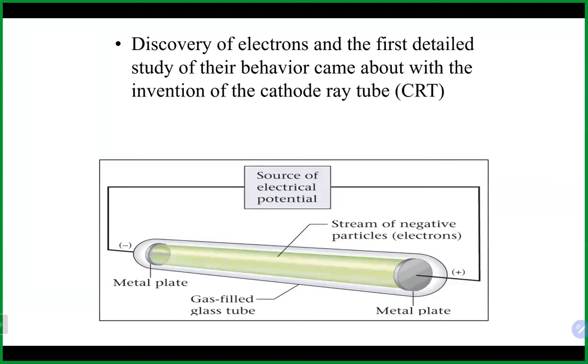Cathode ray tube, a picture of it is here, and a lot of the experiments that were done to understand the nature of the atom took advantage of the idea that these internal subatomic particles have charge. So in chemistry, there is this idea of basically opposites attract. Anything with a positive charge is attracted to anything with a negative charge.